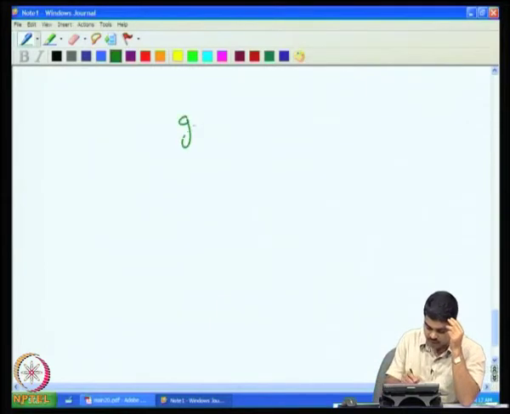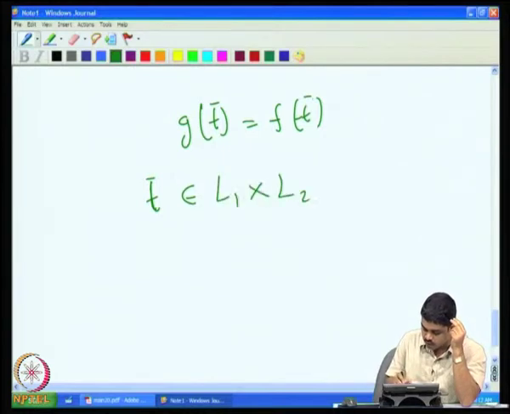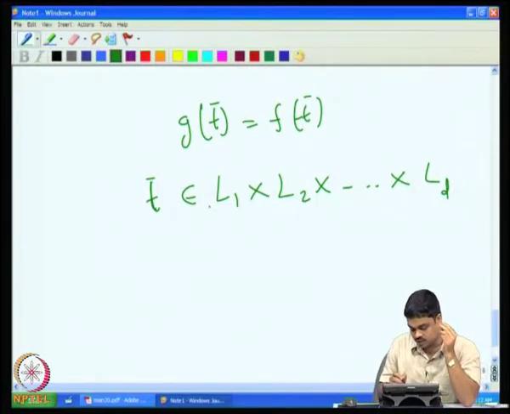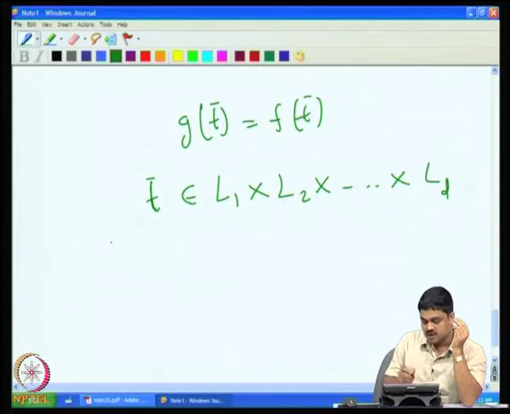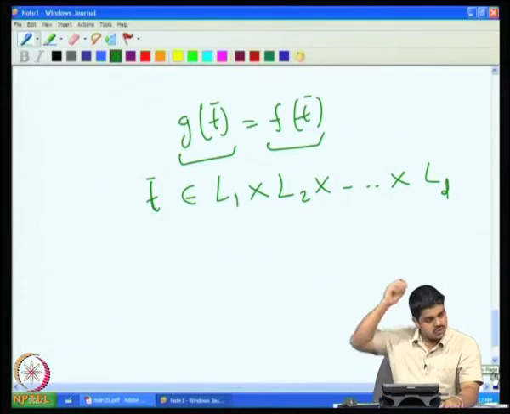So, we will have g of t equal to f of t if t is picked from L1 cross L2 cross up to Ld. If each xi gets a corresponding value from Li, then it does not matter whether you substitute in g or f.